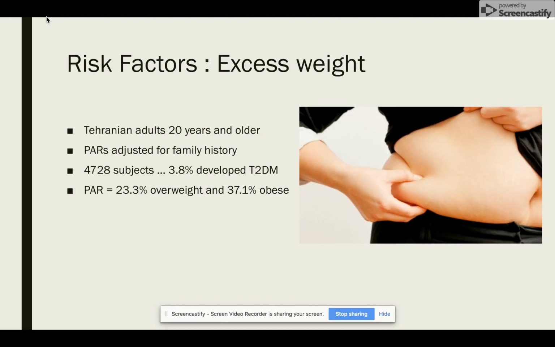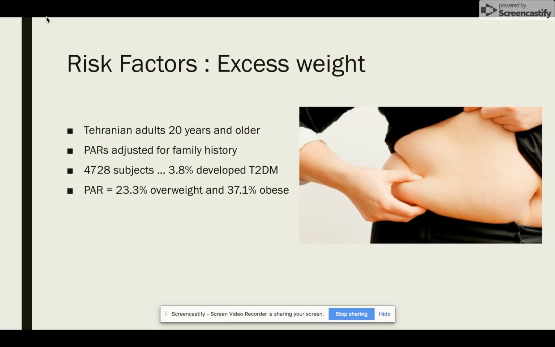The first risk factor that I looked at studied a group of Tehranian adults 20 years and older. The PARs were adjusted for family history of diabetes, age, triglycerides, and systolic blood pressure. For the population attributable rate, 23.3% of these subjects were overweight and 37.1% of them were obese.